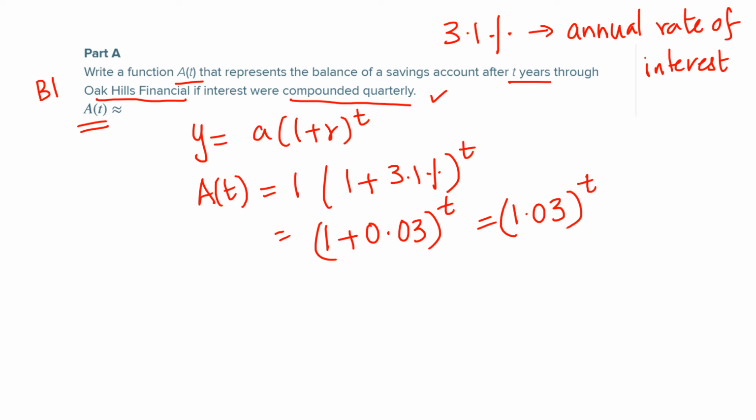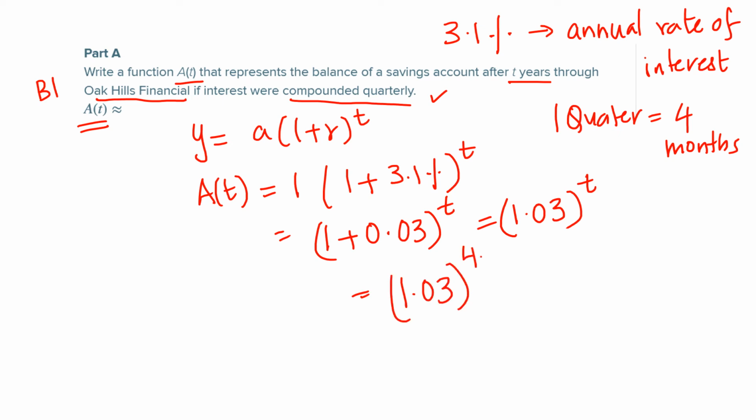Now we are dealing with quarters. The interest that we used till now was annual, for 1 year. We need to convert it into a quarter, that is 4 months. Because 1 quarter has 4 months, let's use that number. We will multiply by 4 and we will divide by 4, just like we did in the last problem.